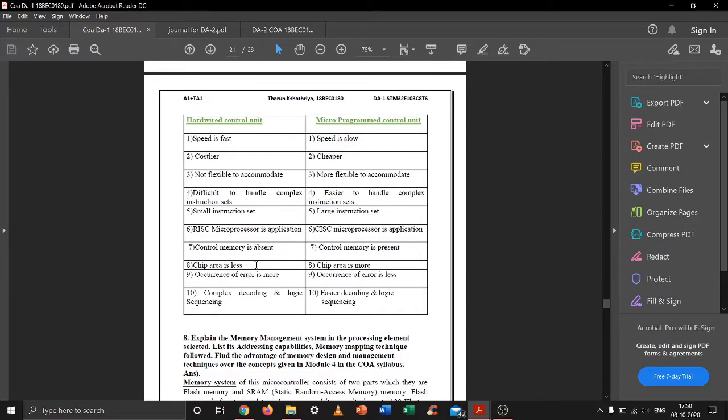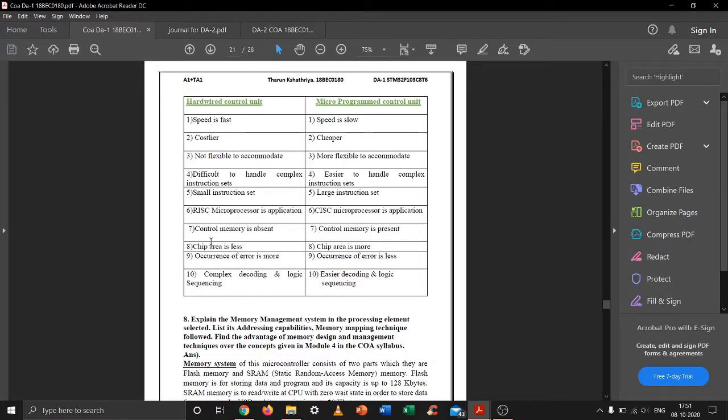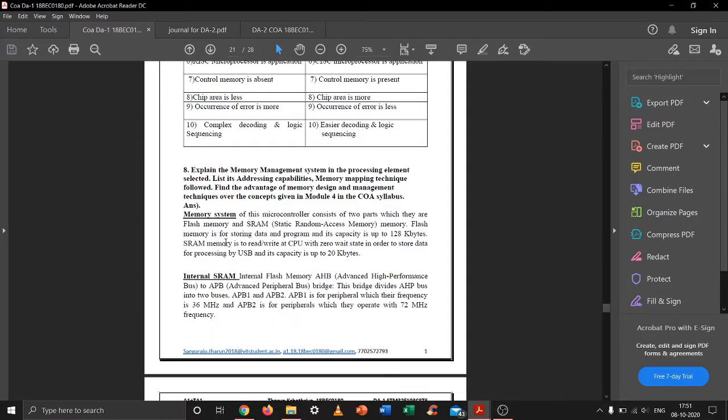Control memory is absent, control memory is present. Chip area is less, chip area is more. Occurrence of error is more, occurrence of error is less. Complex decoding and logic sequencing, easier decoding and logic sequencing. These are the differences between hardwired control unit and microprogrammed control unit. This is the best, we can see easily from the references. This one is efficient. Our microcontroller is RISC.